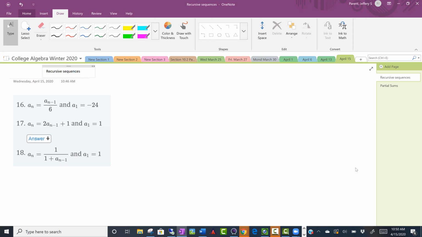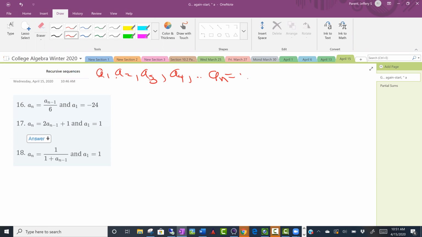Now, keep in mind that typically, when we're working with sequences, we'll name the elements like a sub 1, a sub 2, a sub 3, etc. And we have a pattern that we recognize or a formula that we use, and that tells us what a sub n is.